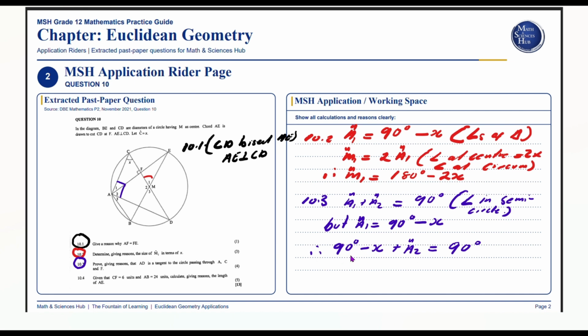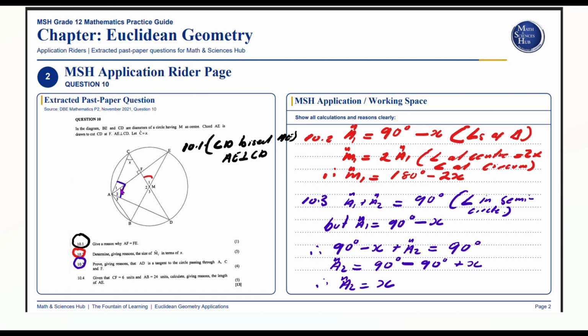If you take everything from this side to the other side, as we do normally, we are left with angle A2 on this side equals 90 degrees on the other side minus 90 degrees plus x, because x goes to the other side so it becomes plus x. Then 90 minus 90 equals 0. Therefore, angle A2 equals x.